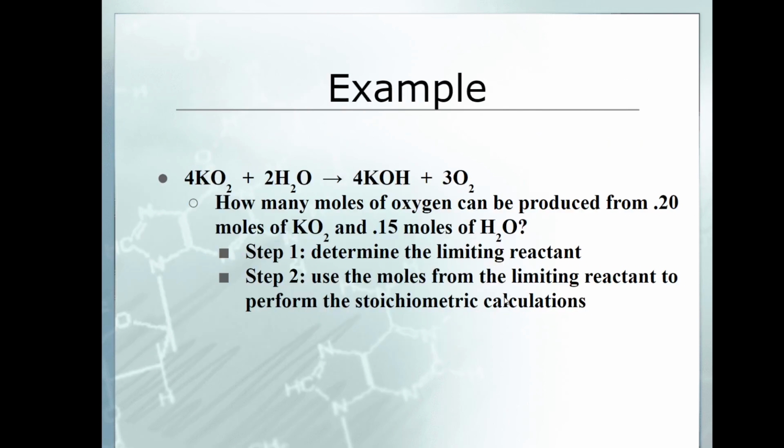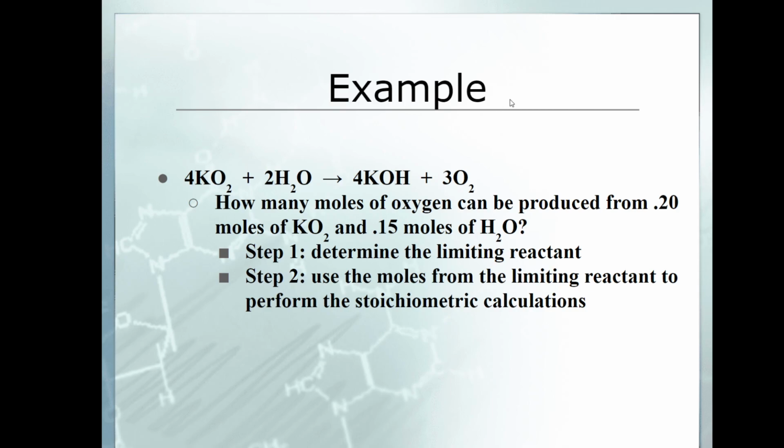So what that's going to look like in chemistry is something like this. In this example, the problem tells you how many moles of each of the 2 reactants you have, and it wants to know how many moles of oxygen will be produced from that.